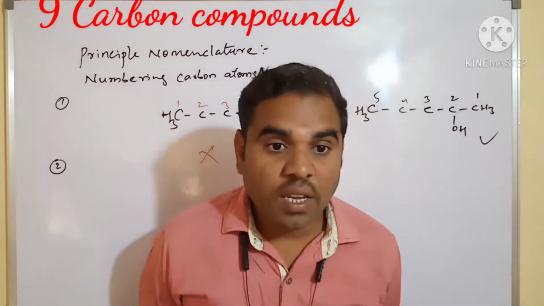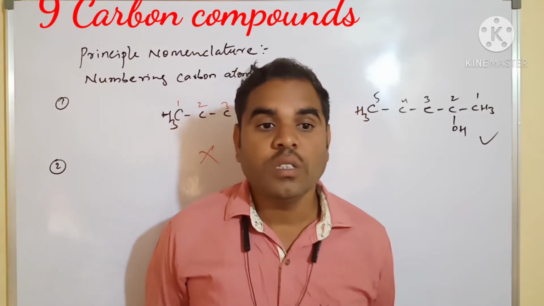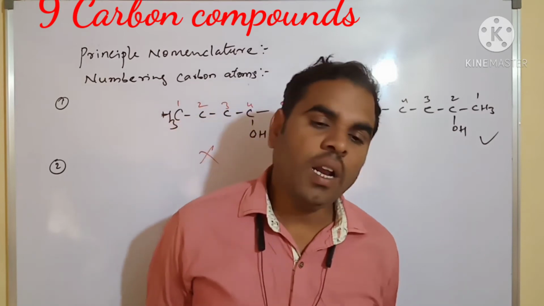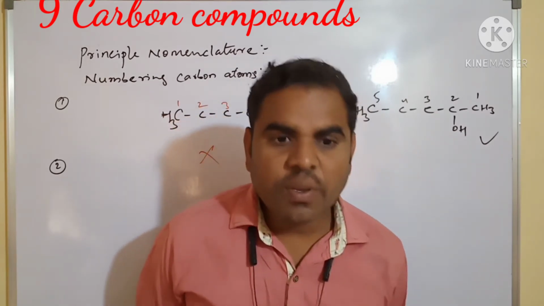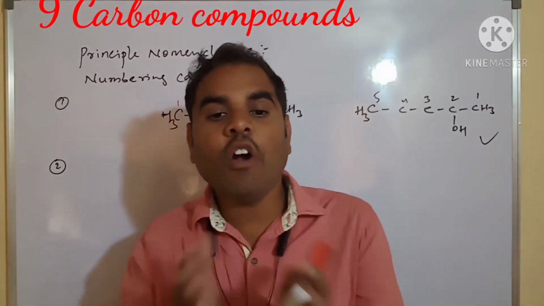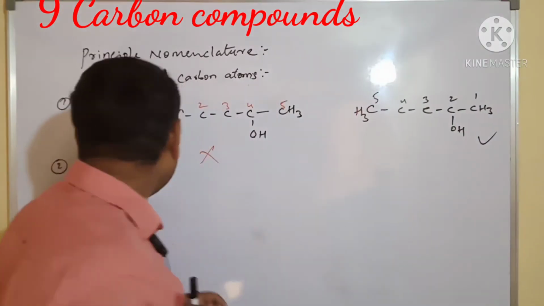Even if it does not obey rules 1 and 2, we have to give it to this one, the aldehyde and acid. Next, we have to see the longest chain. We have to choose the chain first of all.